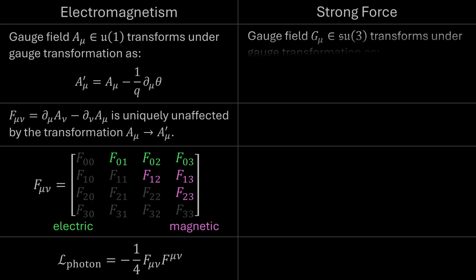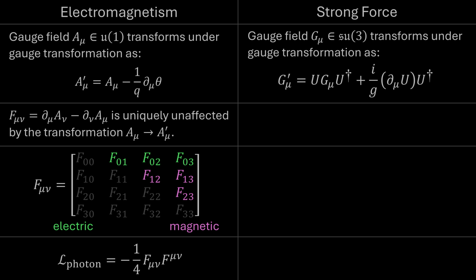Because again, we know that we have this gauge field, and we know that the spacetime components of the gauge field live in the Lie algebra of the symmetry group, and we also know how the gauge field has to transform from one gauge to another. And just a reminder, this transformation rule for G mu is actually exactly the same as the transformation rule for A mu if you convert G mu into a real valued 4-vector field and you set U equals e to the i theta.